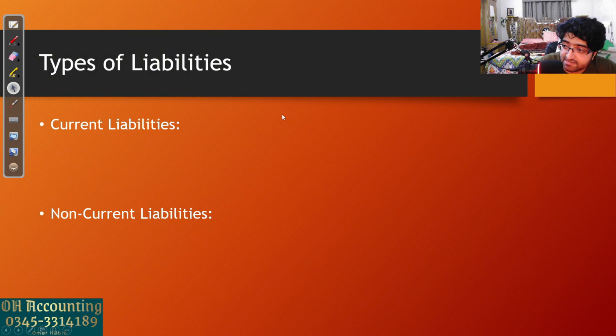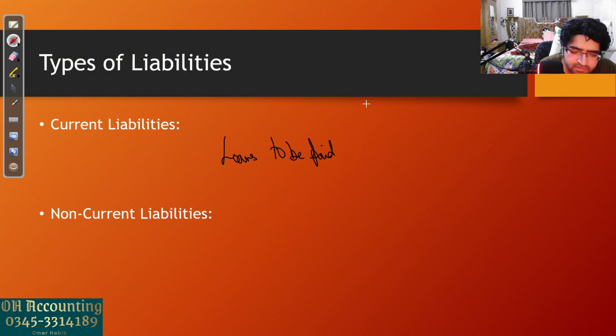Types of liabilities. Again, we have two types, very easy and straightforward. Current liabilities, these are those loans that you have to pay within 1 year. Loans, or the money you owe to someone, which you have to pay within 1 year.